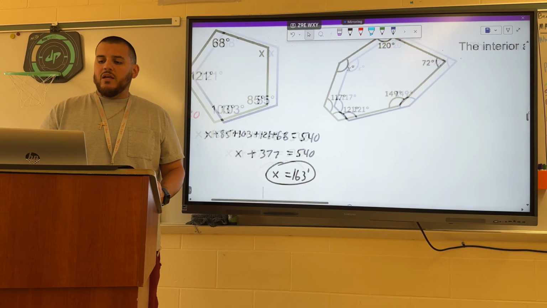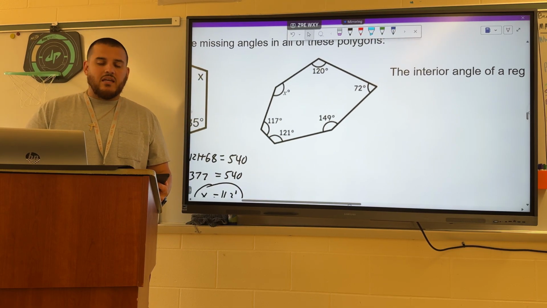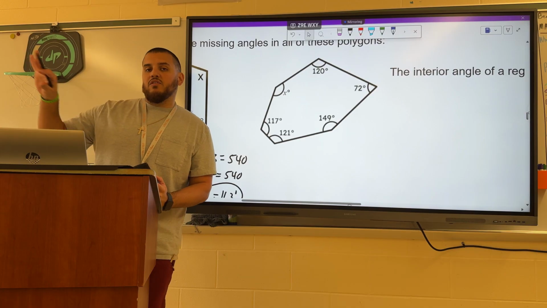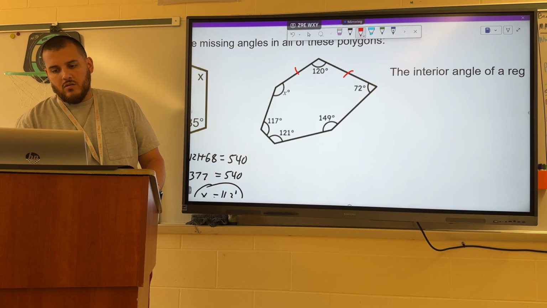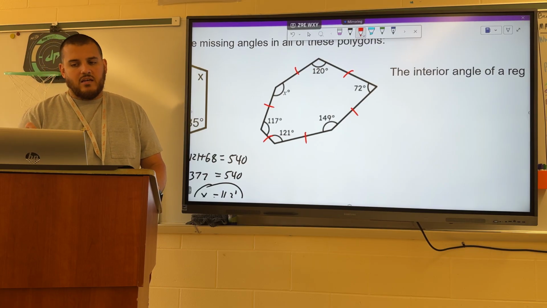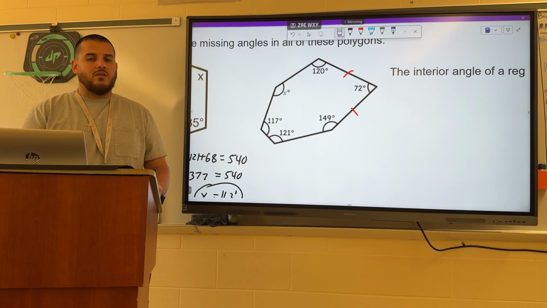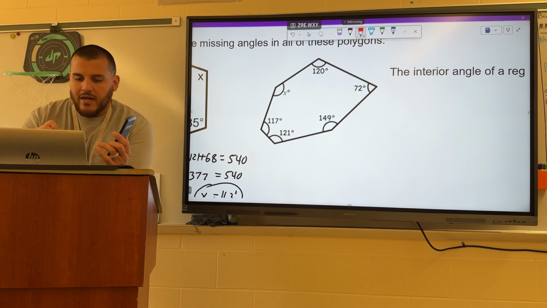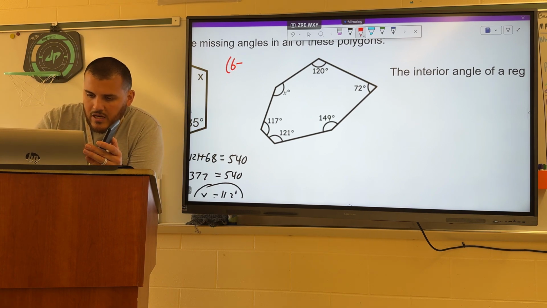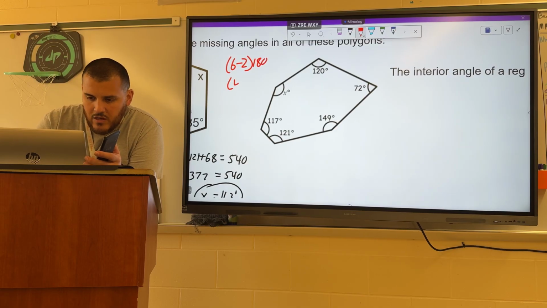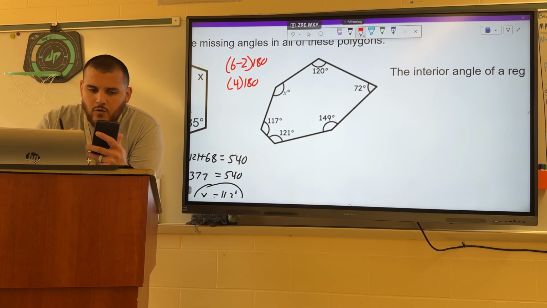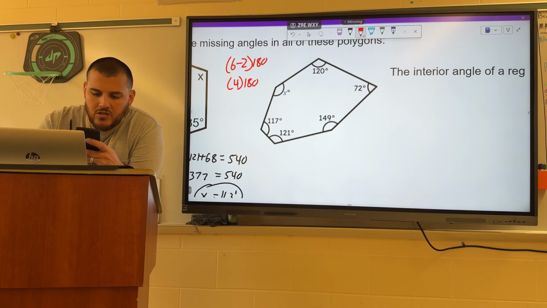All right, and in our next polygon, there is a different number of sides. Therefore, we're going to have a different sum for all of these angles. Let's count. We got 1, 2, 3, 4, 5, 6 sides. Those dashes aren't meant to show congruency. They're just to help me count. 6 sides here. So that means we need to do 6 minus 2 times 180 to get the sum of these measures. 6 minus 2 is 4. 4 times 180 should be 720 degrees.